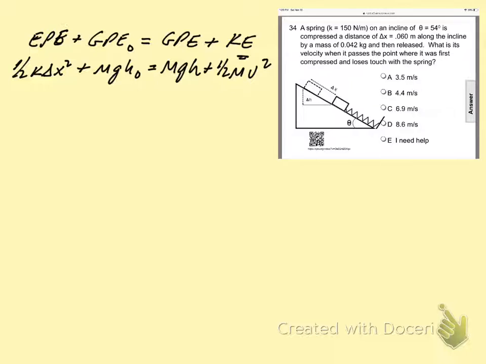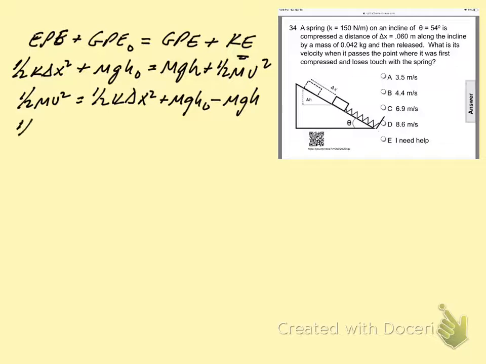At this point, we want to isolate our velocity, so let's get 1/2 mv squared all by itself and throw everything else on the opposite side. So we're going to have 1/2 k delta x squared plus mgh initial minus mgh final.